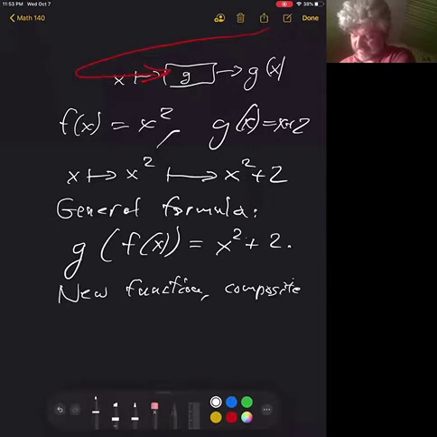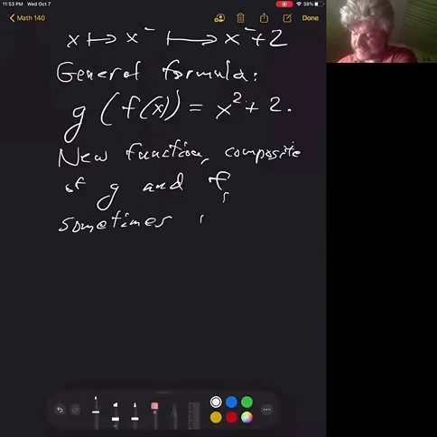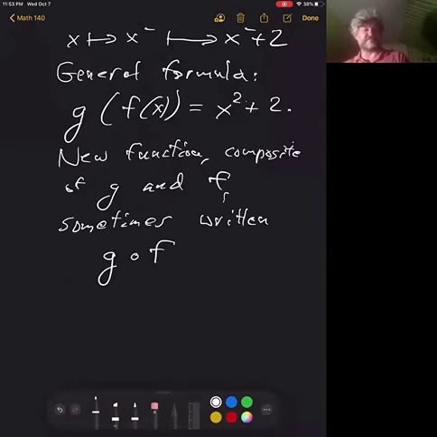Composite of g and f. Some people write this like this. And you read this as g after f.